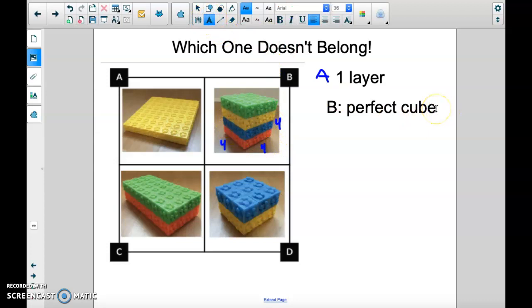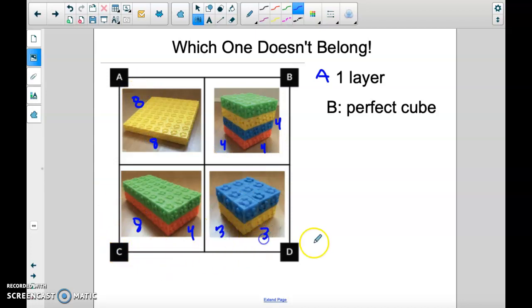Okay, maybe you picked C because it's the only one whose length is different than its width. This is an 8 by 4, so it's more of a rectangle. This is an 8 by 8. We already talked about that's a 4 by 4 in terms of the base. And this is a 3 by 3. So this is the only one where the base is a rectangle.